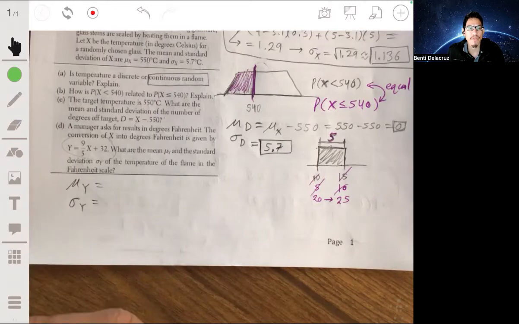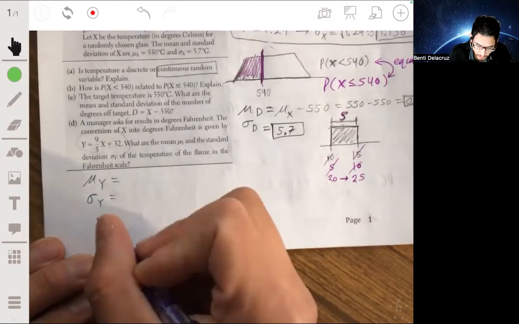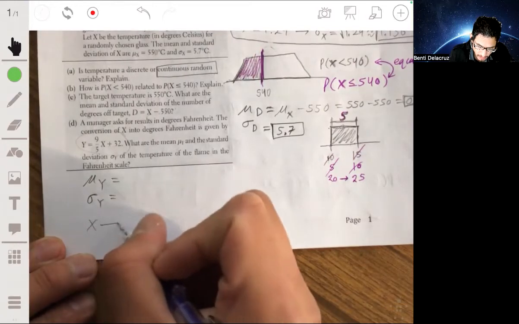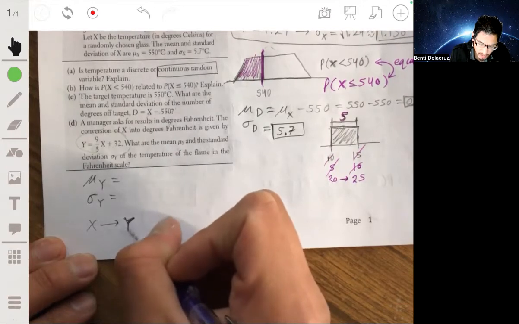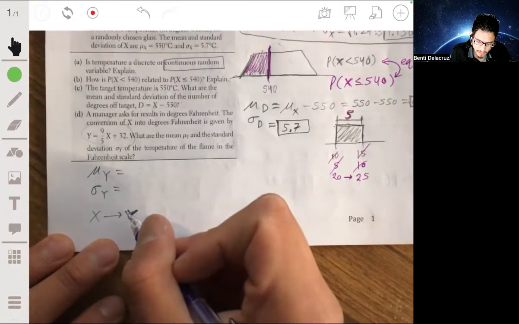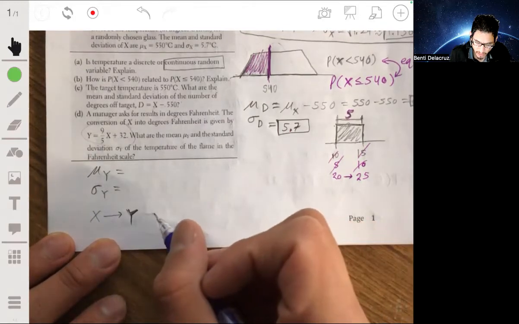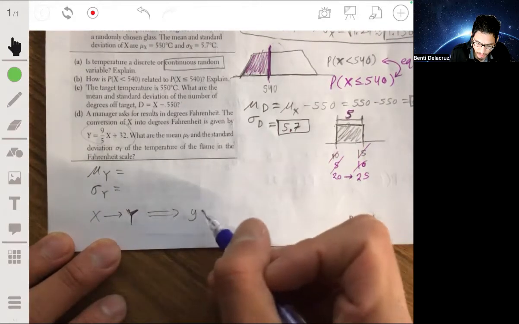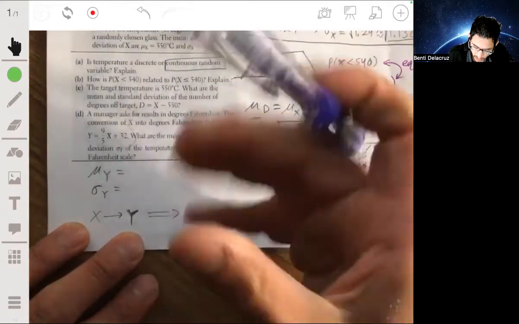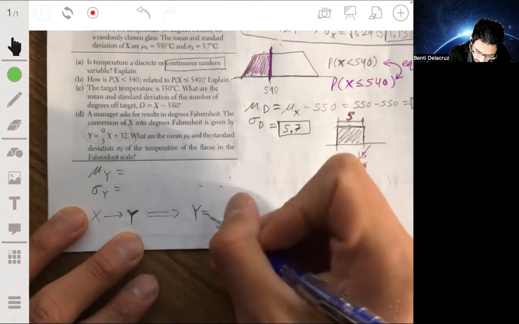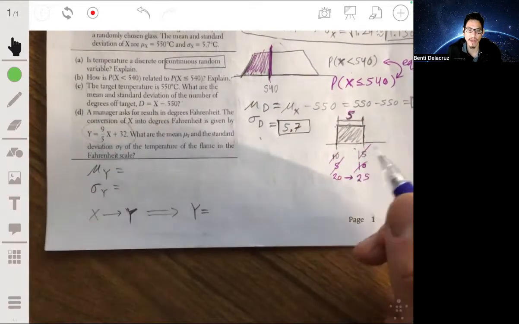So when you do a linear transformation, let me write it as changing x to y. When you change x to y with a linear transformation, you're basically multiplying by some scalar and adding some value.